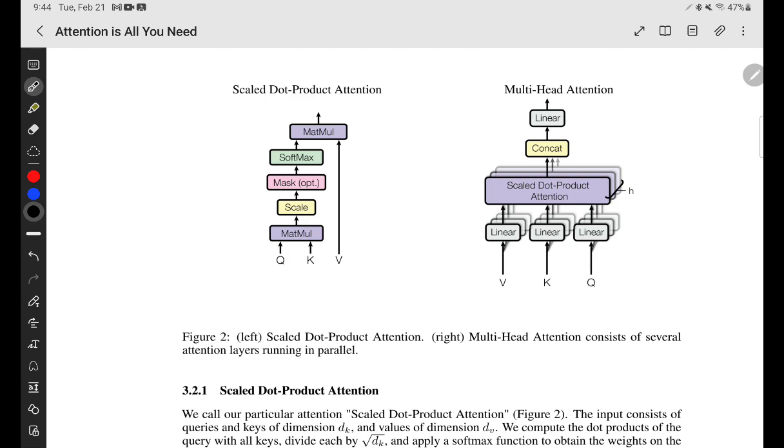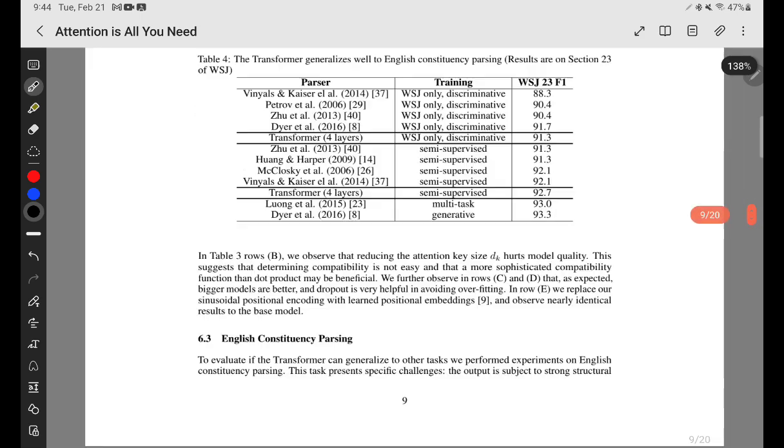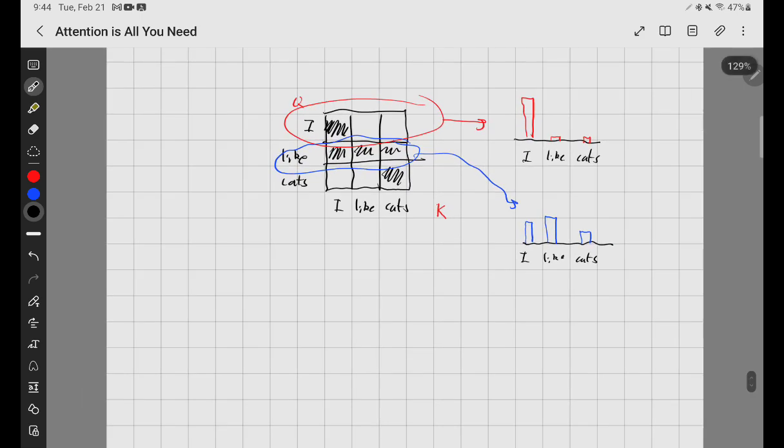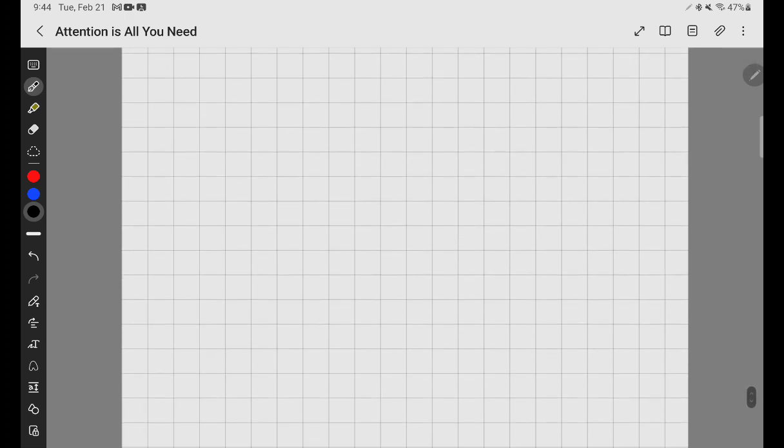They also do this thing called multi-head attention, and multi-head attention allows you to do attention multiple times. So one attention is given a sentence, S is equal to 3 by E, "I like cats", your input sentence.